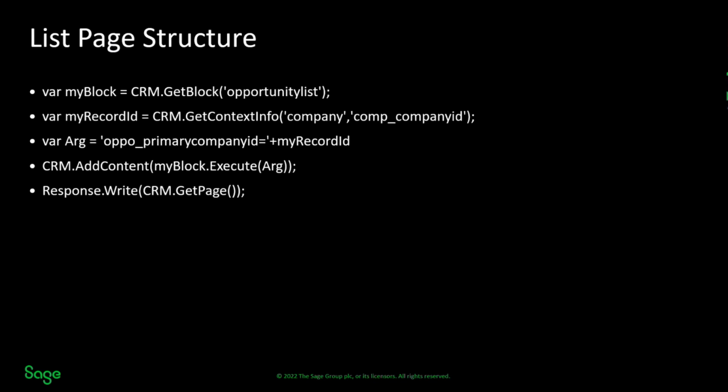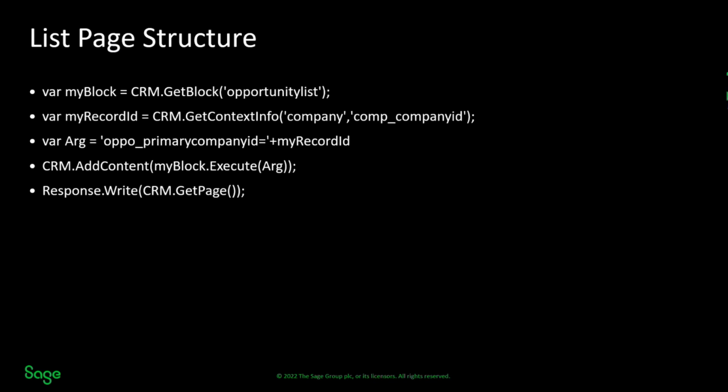And so when we now say crm.add content, that is basically saying, well, I know what I've got. Do you want to add a little bit more of your own? And the myblock.execute method here is being passed the argument string that will be used to restrict the data returned by the execution.